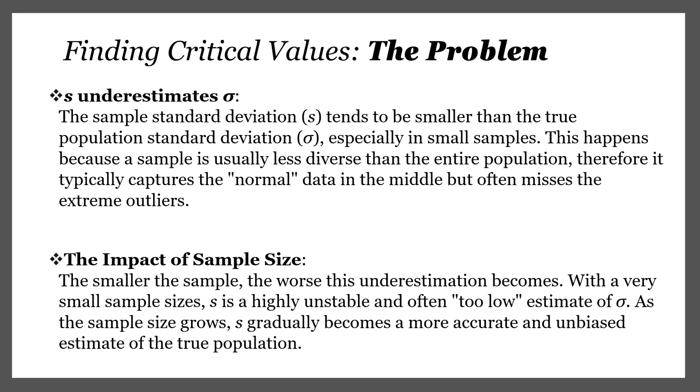However, if your sample size is small, then it's not a very good estimate. And the smaller the sample size, the worse the estimate becomes. So again, the problem is that we're estimating sigma, the estimate isn't perfect, and the quality of the estimate depends on the sample size.